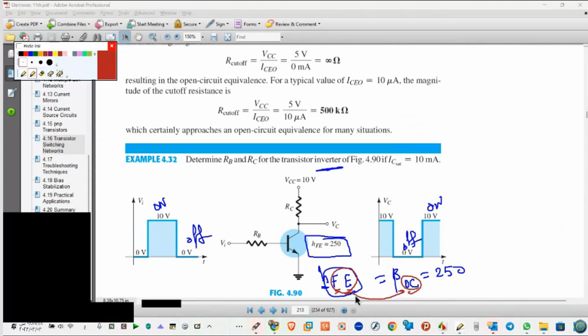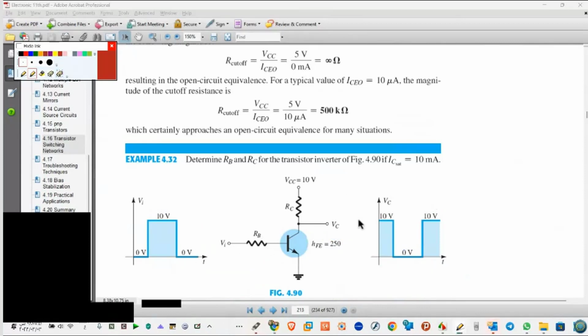This equals this. Beta is the normal model, H is called the hybrid model. We will study this hybrid model later. Anyway, HFE is beta DC. Take care about capital with capital.